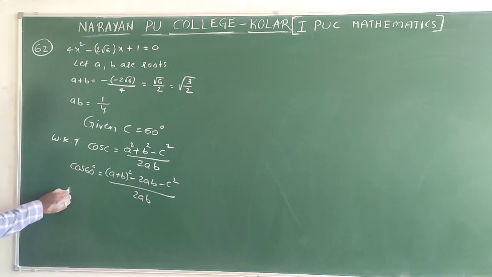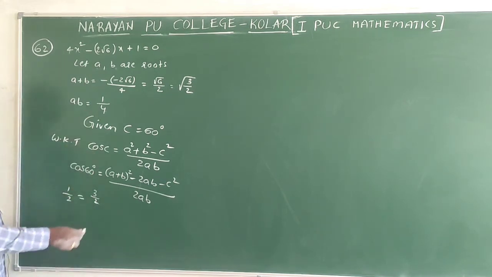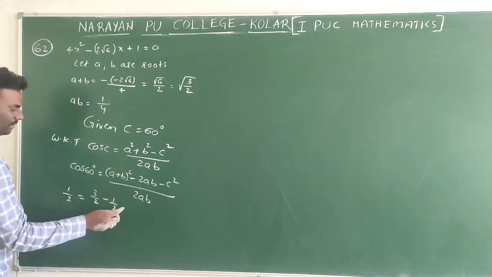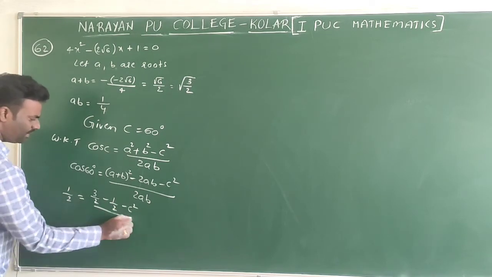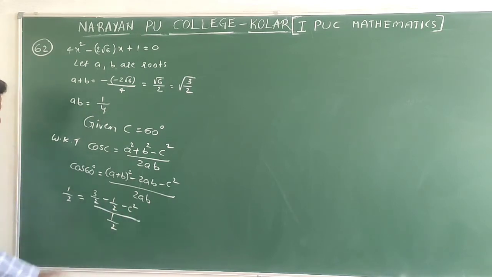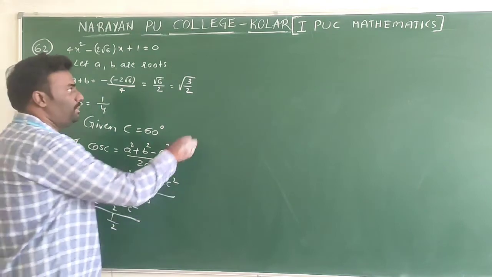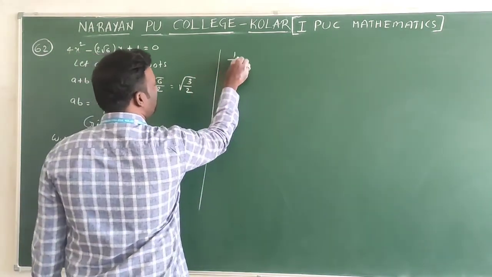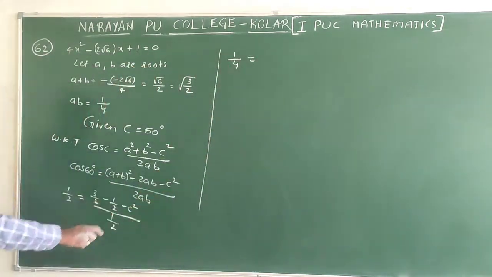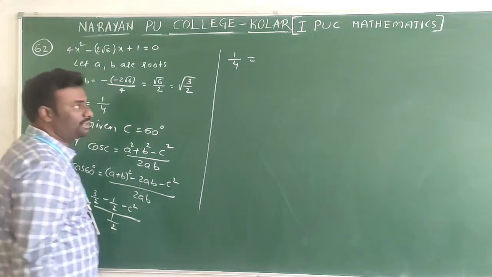Cos 60 value is 1 by 2. a plus b is root 3 by 2. If you square, that is 3 by 2. Minus 2ab is nothing but 1 by 2, minus c square by 2ab. 2ab is nothing but 1 by 2. If you cross multiply 1 by 2 into 1 by 2, it becomes 1 by 4. 3 by 2 minus 1 by 2, 2 by 2, that is nothing but 1.